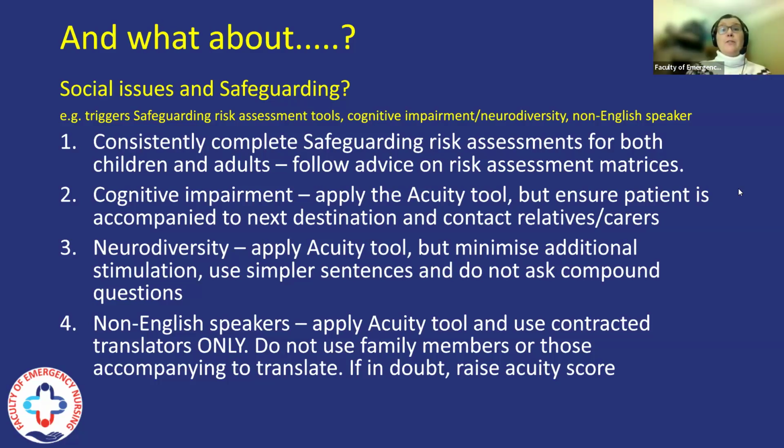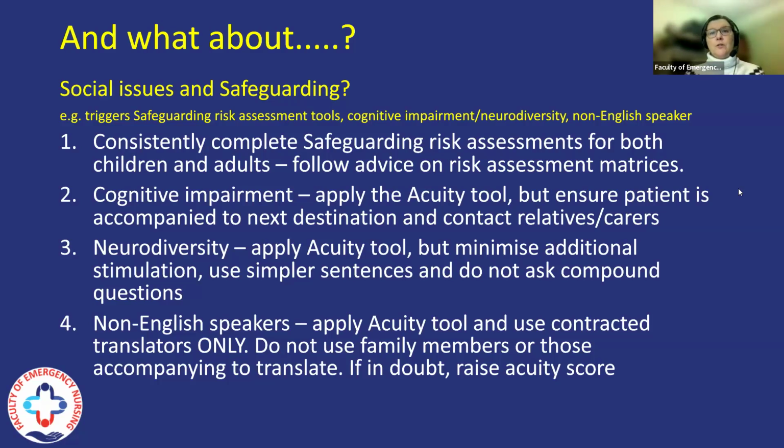We were asked what to do about neurodiverse patients. Well, I'm going to be boring on this one. Apply the acuity tool. But you will need to minimize additional stimulation. People who are neurodiverse and indeed people with learning disabilities generally can't cope with large crowds. They can't cope with surprises very well. They can't cope with loud noises.